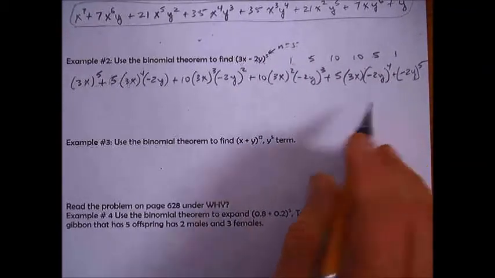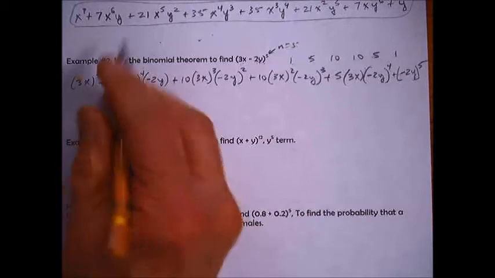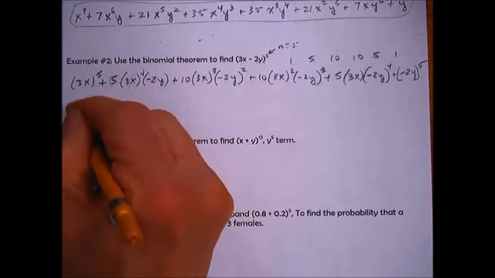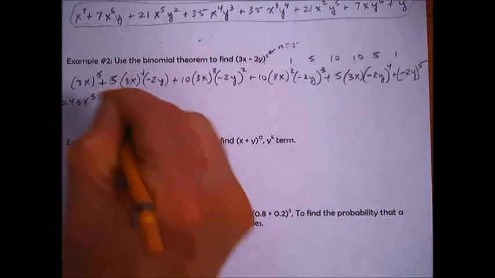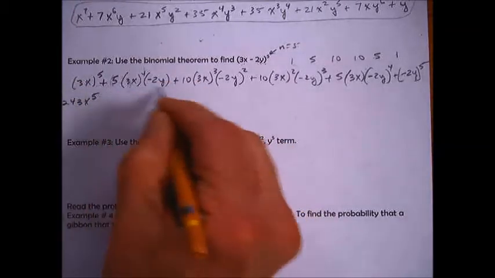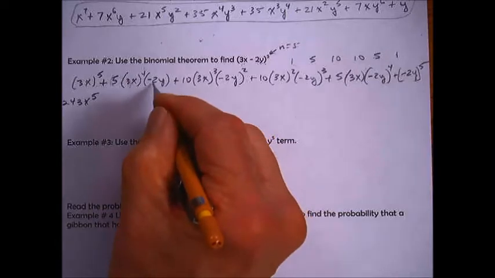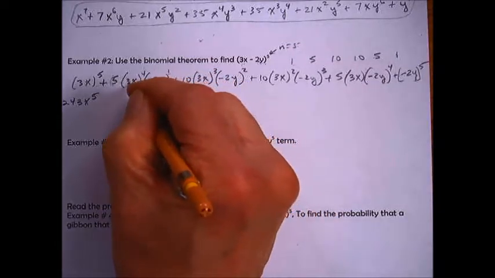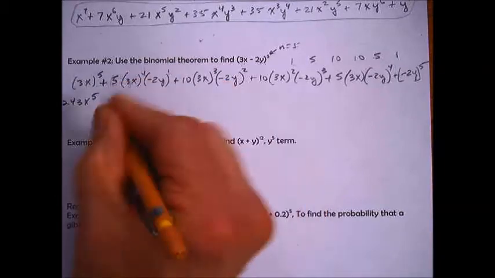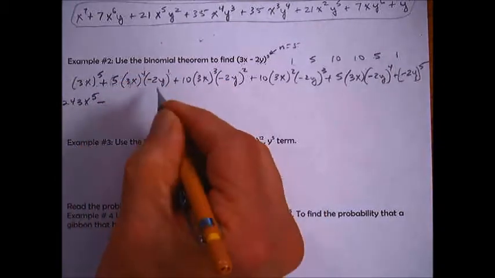First of all, we have 3x to the fifth. Well, that's 3 to the fifth, and 3 to the fifth is 243, x to the 5th. So our next term right here, we have a negative 2 to the 1, so that's negative 2 times 3 to the 4th times 5. Our answer is going to be negative.